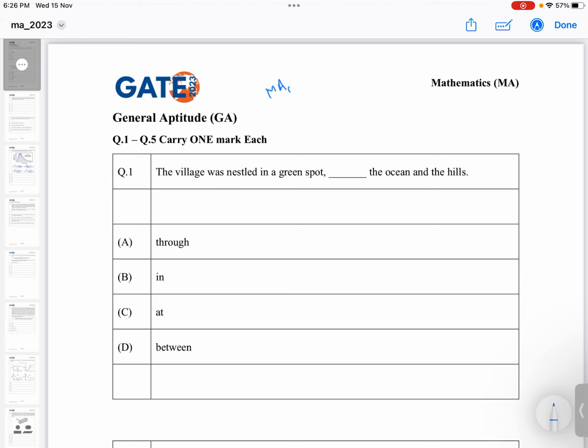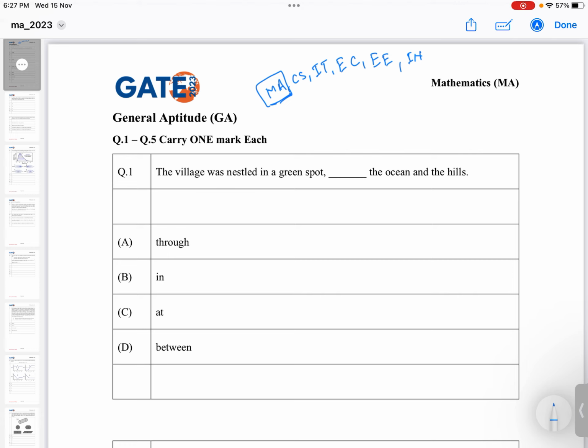mathematics and CS, IT, EC, EE, and maybe instrumentation. First we will solve the mathematics paper. Whatever the linear algebra question is in the mathematics paper, we will go through it year by year.